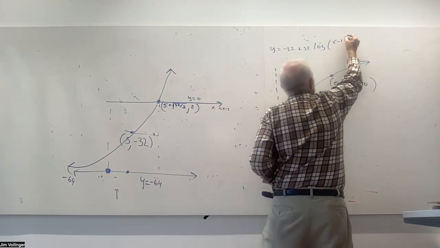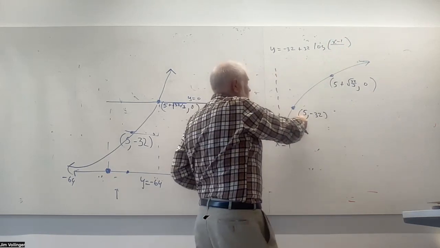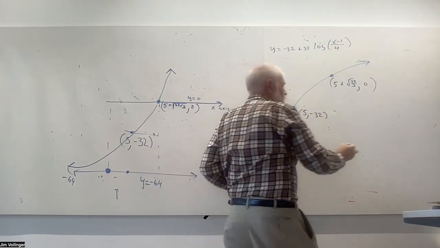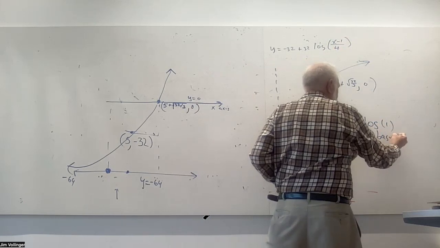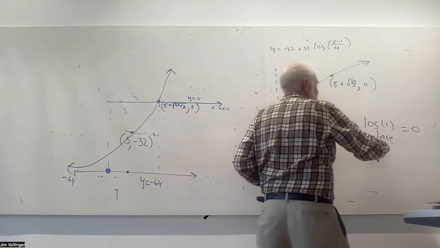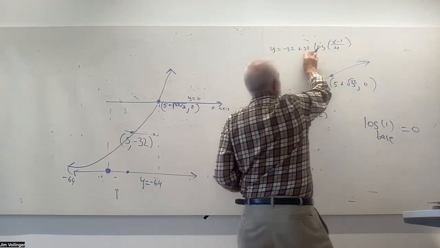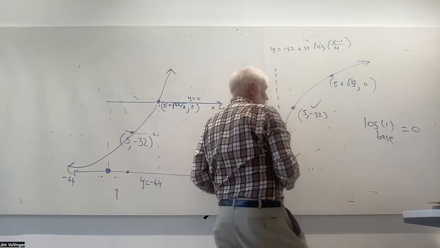It's a domain restriction, which we can talk about. I put in a 5. 5 minus 1 is 4. So now I've got 4 divided by 4, which is log 1. Doesn't matter what the base is, right? That's equal to 0. So I've just made a 0 times 32. 0 minus 32. Oh, it works.